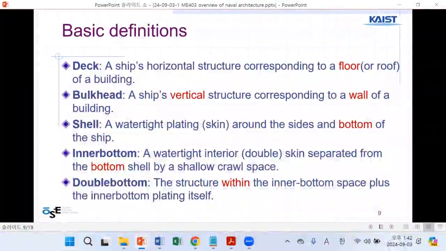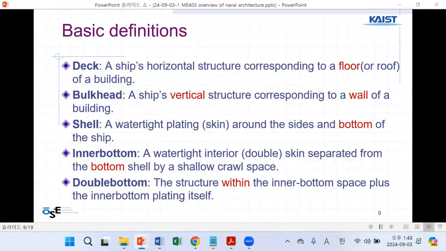Something like a floor, or as the top floor above the building. At the top of the building, there is a covered skin out there. Horizontal structure, floor, roof, bulkhead, something like this one.